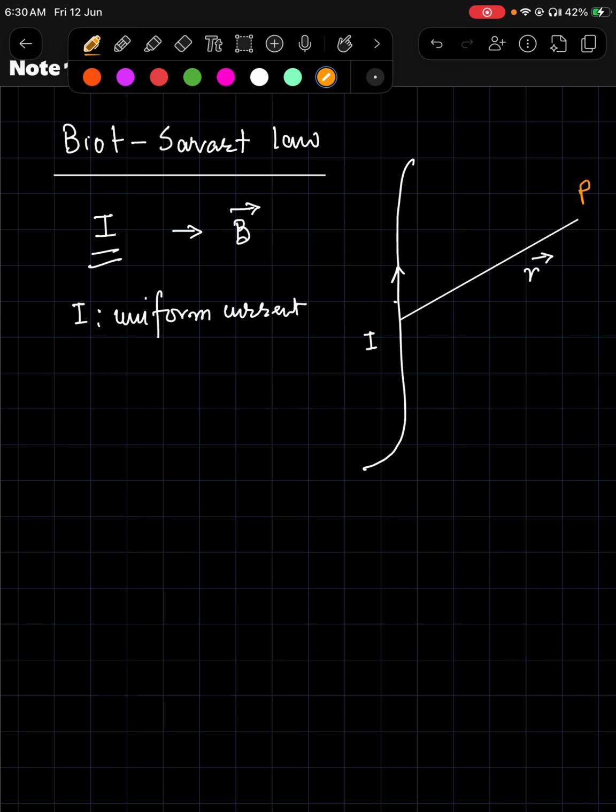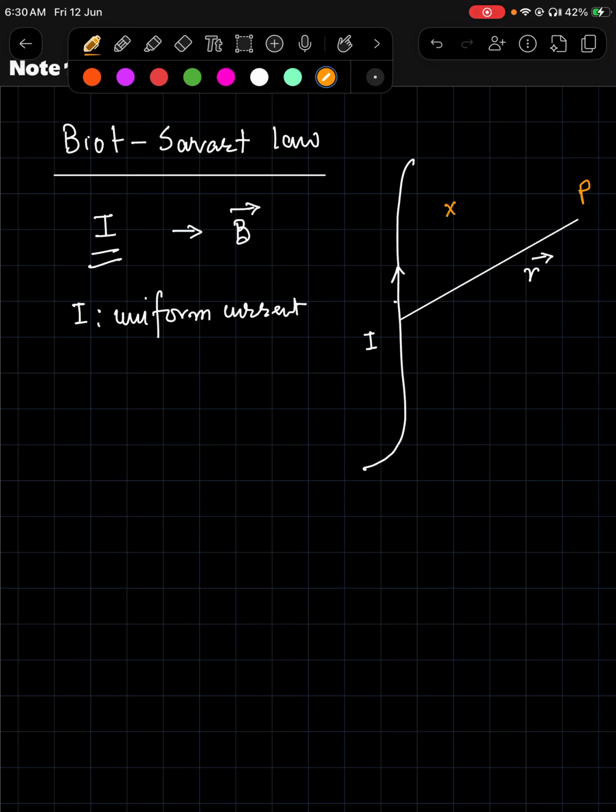When the current is going up like this, then on the right side of the wire, the direction of the magnetic field is vertically downward, in the sense that it is pointing inward to the plane you are observing. The magnetic field lines penetrate the plane of the mobile phone or the screen you are watching, pointing inward.